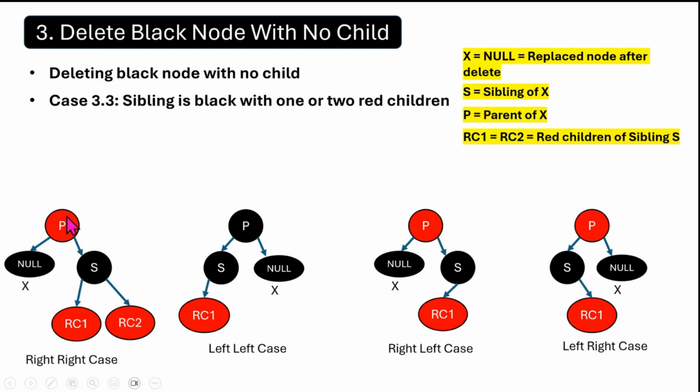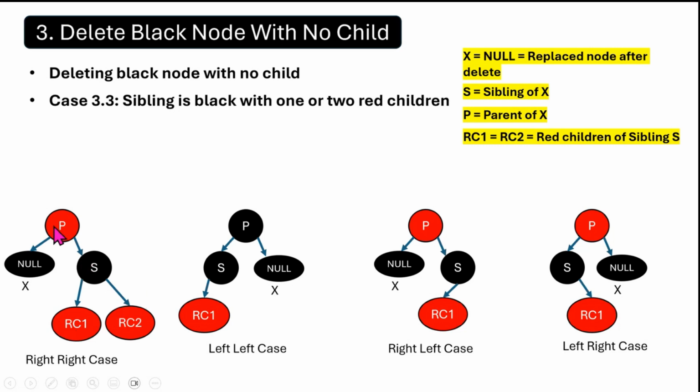So depending on if the X is left child or right child, if X is left child of P, then the right red child of S will be farther from X. And if the X is right child of P, then the left red child of S will be far from X. And we consider the farthest red child if the S has two red children. Why?